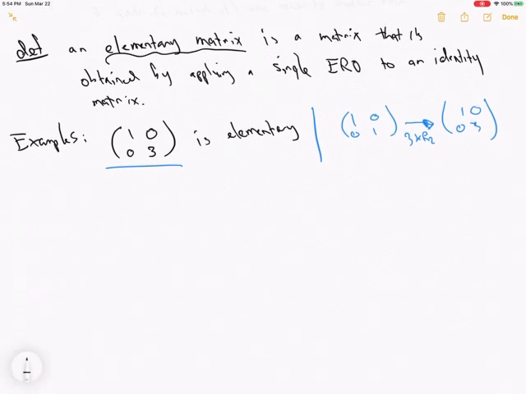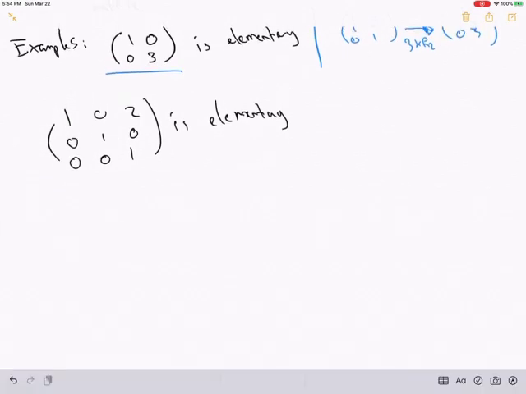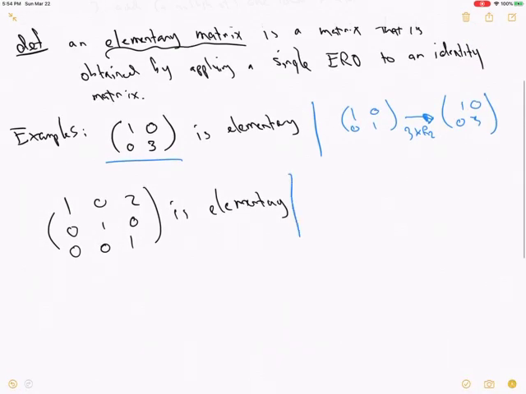Another example: the identity matrix is trivially elementary. Here's another example. Say the matrix 1, 0, 2, 0, 1, 0, 0, 0, 1 is elementary. To see that, we take the 3 by 3 identity matrix and do a single elementary row operation: the first row plus twice the third row.